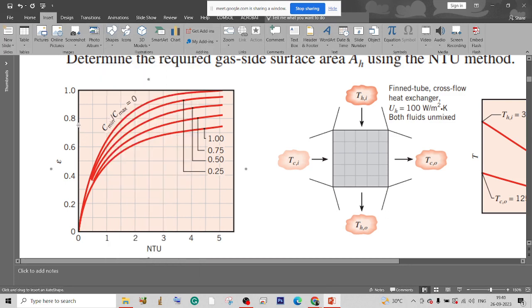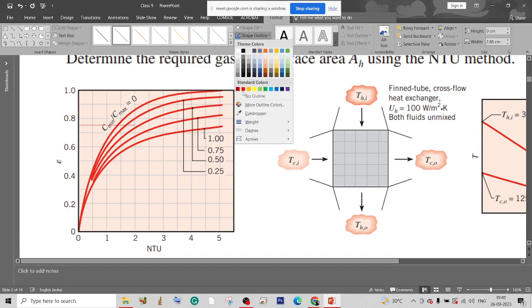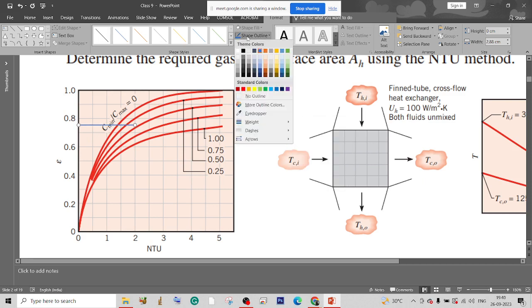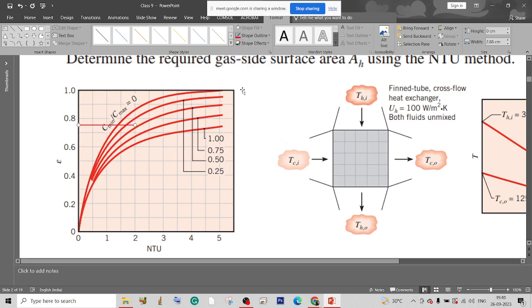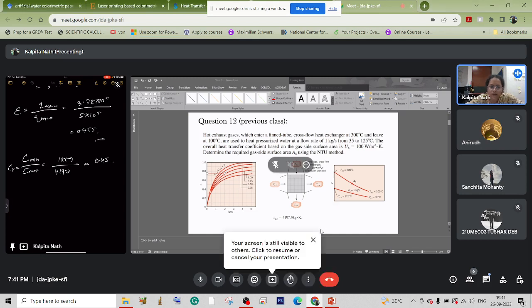From 0.75, approximately up till here, and this will be close to this, right? The line is visible, right? If we extend this to NTU, it will be approximately 2, right? So NTU will be 2.